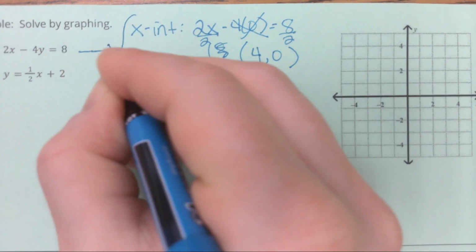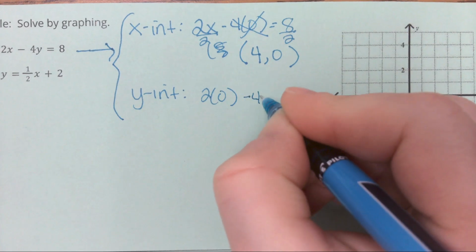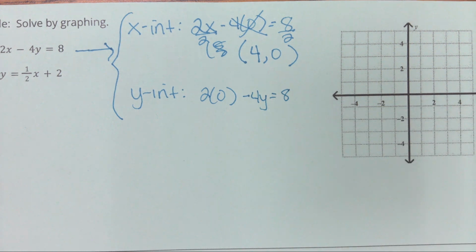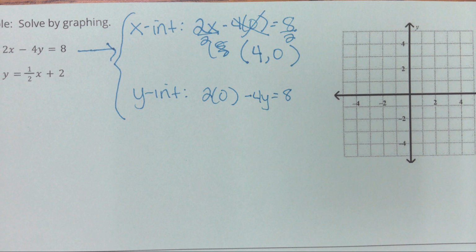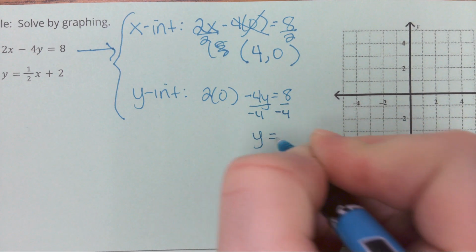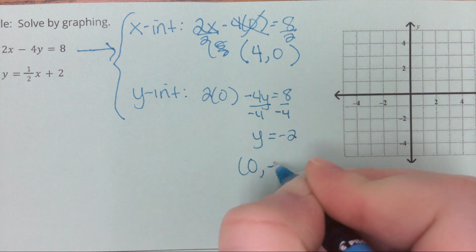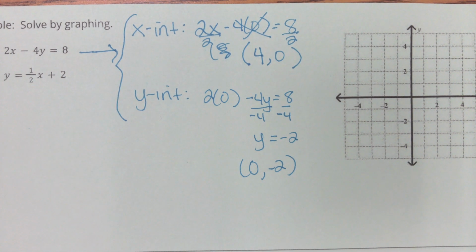That's where that is. All right, so that's what I got for my y-intercept. Would you now plot those 2 points on your xy axis, and would you connect them with a line?